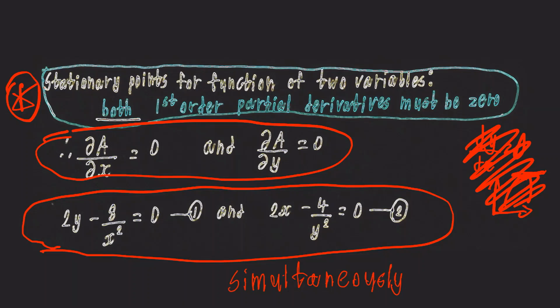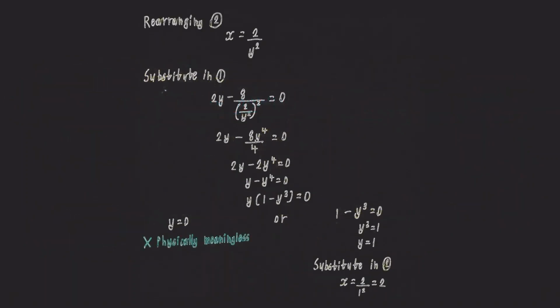So to solve this set of simultaneous equations, we're going to use substitution. We're just going to rearrange one of the equations to make x the subject, and then substitute that here, for this x squared, so we substitute the exact same thing in the other equation. Then with a little bit of algebra, we factorize out y.